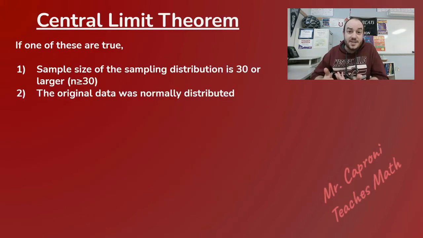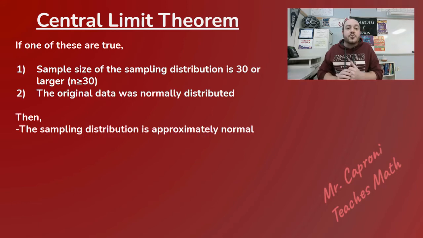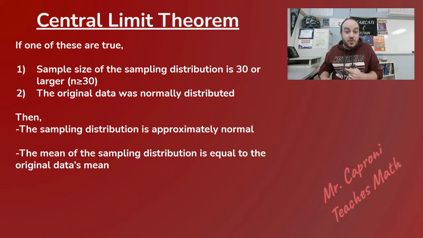So what does the Central Limit Theorem actually say? Let's read through the whole thing first, and then we'll break down what each part means. First off, it says if one of these two things is true, that the sample size of the sampling distribution is 30 or larger, or the original data for the sampling distribution was already normally distributed, then you know that A, the sampling distribution is also approximately normal.